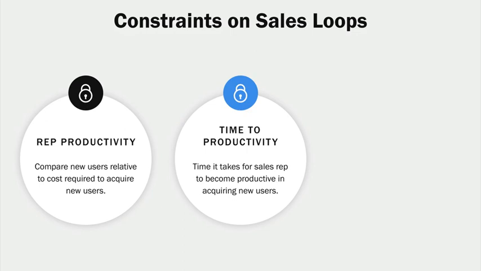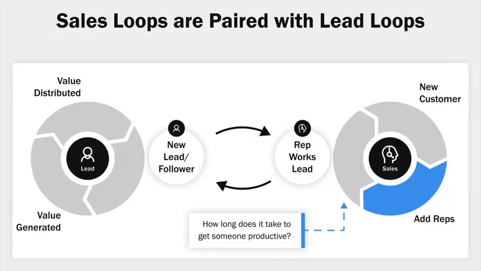So how much time in this step of the sales loop, where we're adding reps, does it take to get somebody fully productive? It takes months for somebody to learn how to sell a product in the most efficient way. The faster we're able to do that, the faster we're able to spin the sales loop.